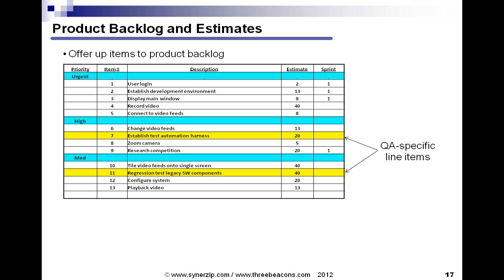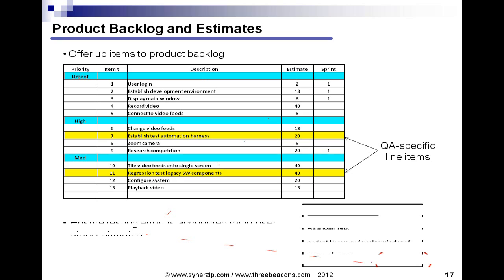The QA person is vocal about offering these up and vocal about driving their estimate. And also, the QA person is very vocal in making statements about the level of test activities within each and every user story.